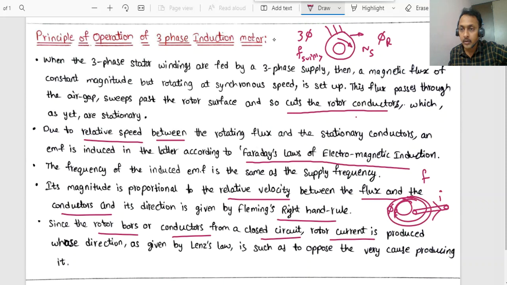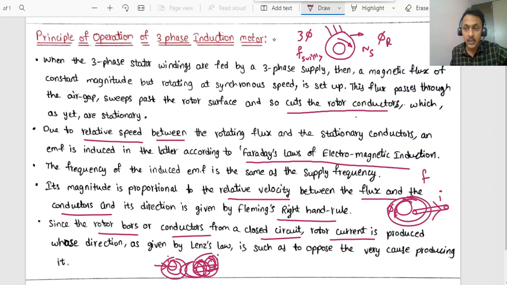It is simply like this: initially current is passed through the stator conductor and the flux is established, and this flux cuts the stationary conductors, and because of the relative speed, an EMF is induced. As these conductors form a closed circuit, the current circulates, and because of this current, flux is generated again.